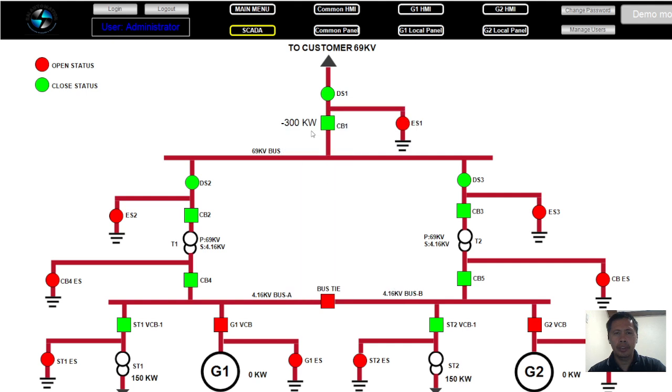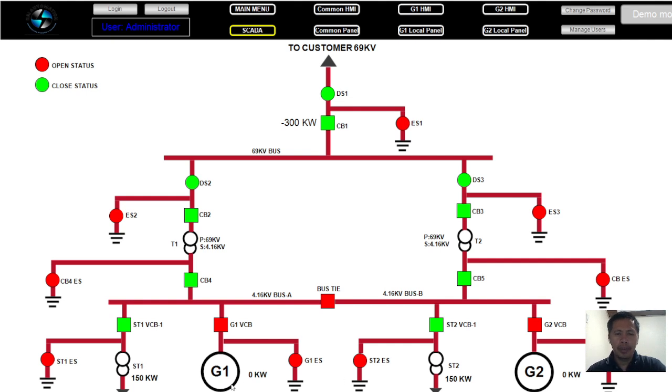So you can see that now the power plant is getting power from the 69 kV.